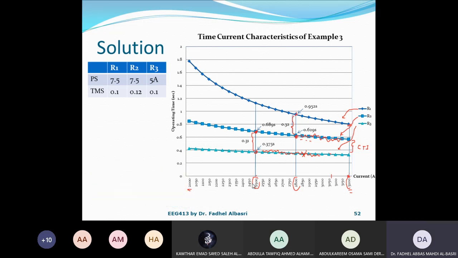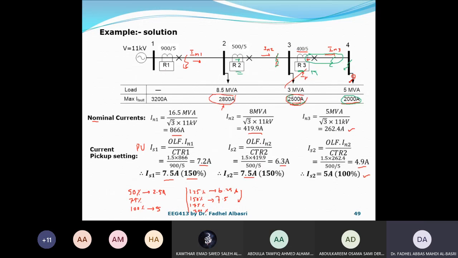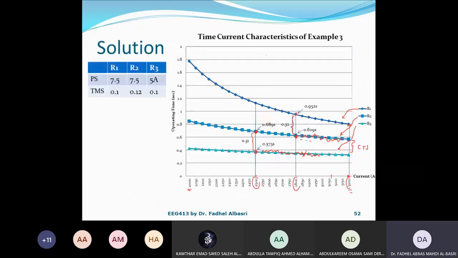So when R3 sees a fault more than 2000 by a margin, let's say 2200, 2000 here, 2200 or 1500, for example, here, I don't want to wait till downstreams. So the curve will become like this. And this is when I add an instantaneous relay, okay, with R3. So this is the 50 relay at R3.